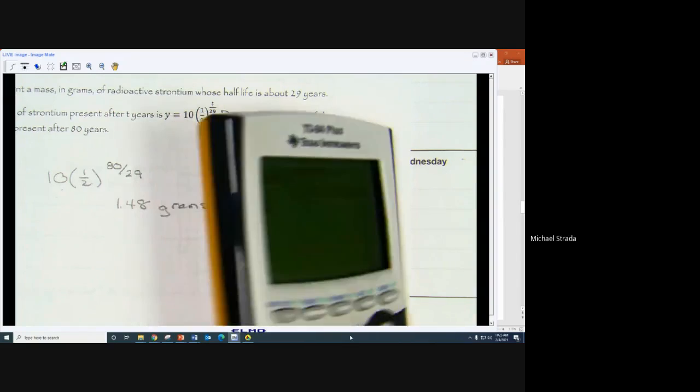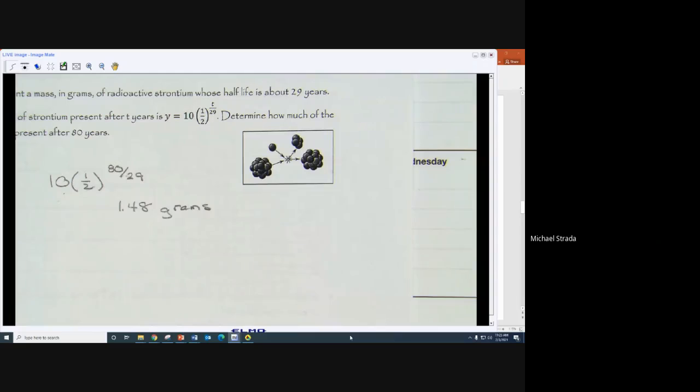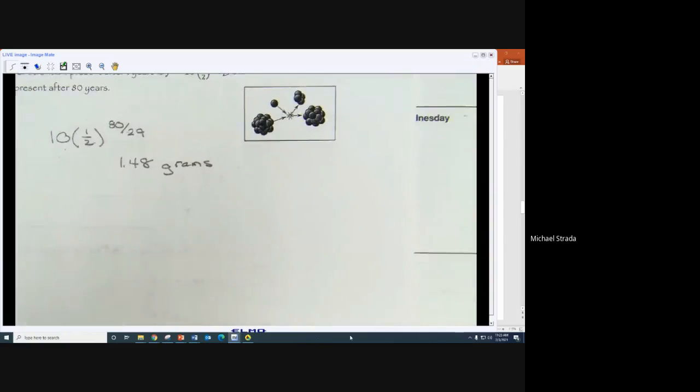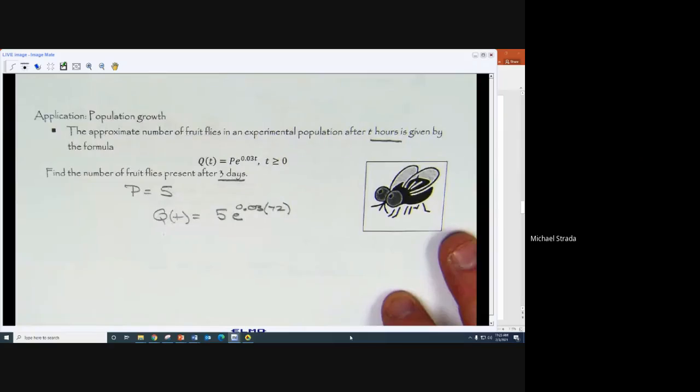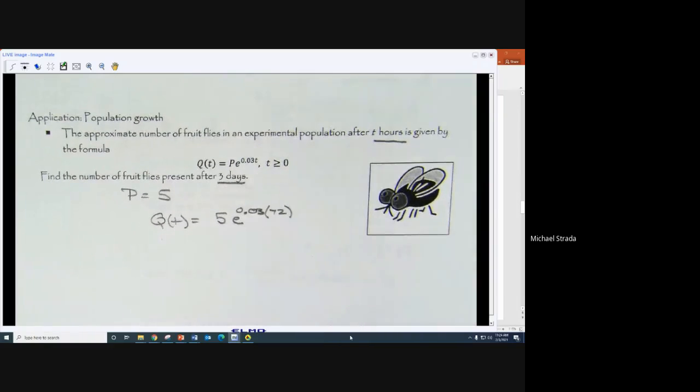So that's half-life. And then for the last one, which is continuous but not money: the approximate number of fruit flies in an exponential population after T hours is given by the formula Q of T equals P e to the 0.03 T, T greater than or equal to 0.